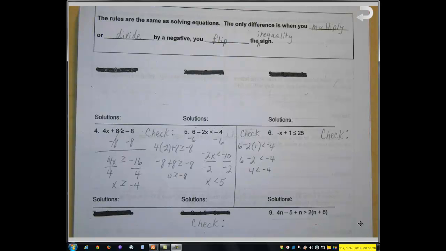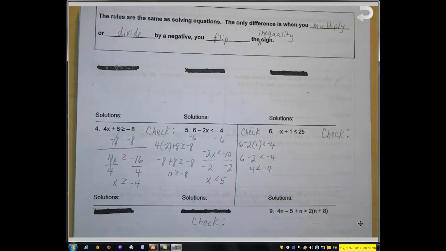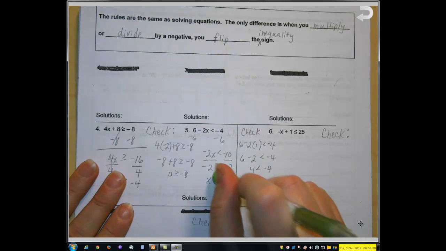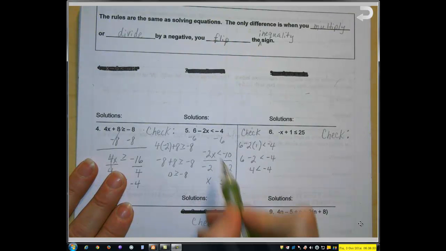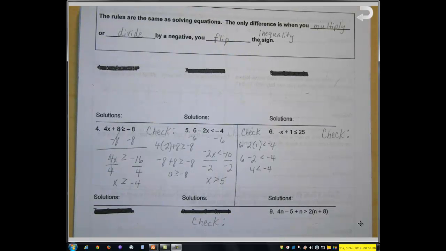So let's look at our second step here. We divided by a negative number. So when we did that, in our next step, we should have flipped the inequality sign from a less than to a greater than. So then that would mean that our answer was x is greater than 5.